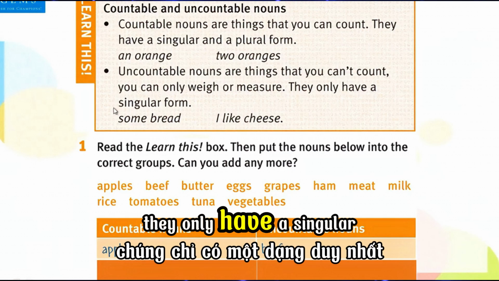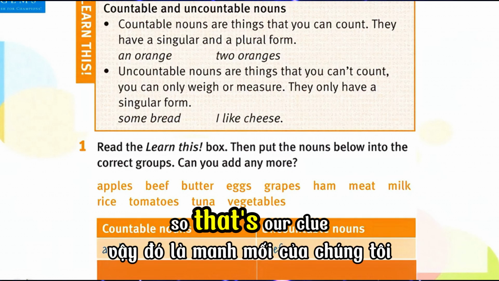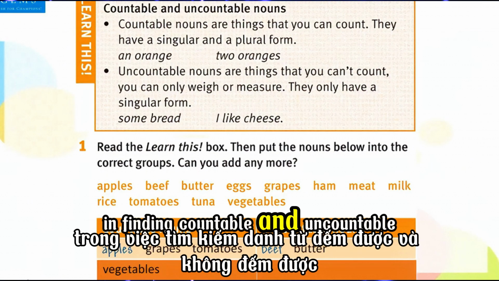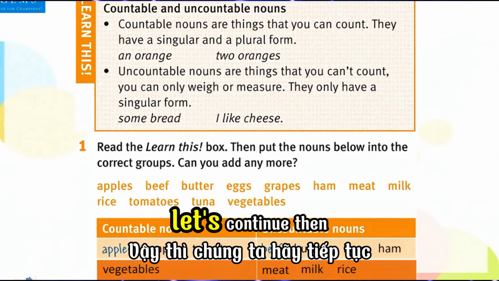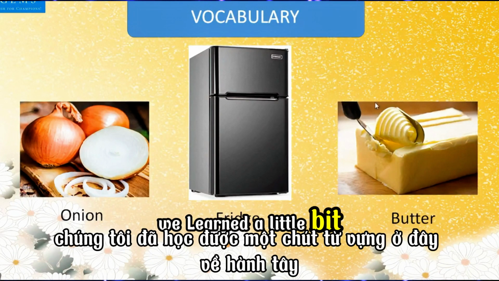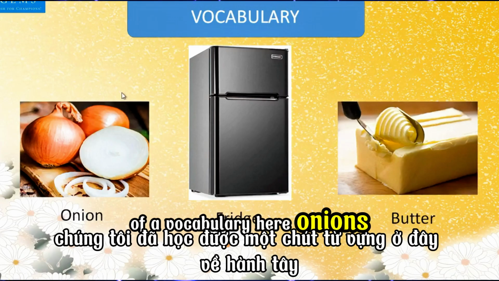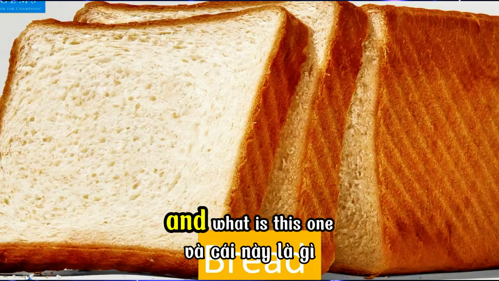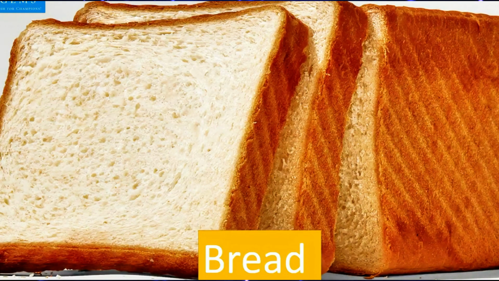They only have a singular form. So that's our clue in finding countable and uncountable nouns. Let's continue. Then we learned a little bit of vocabulary here. Onions, fridge, butter, and what is this one? Bread.